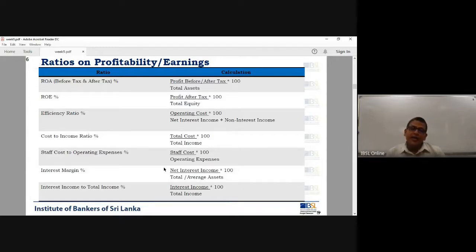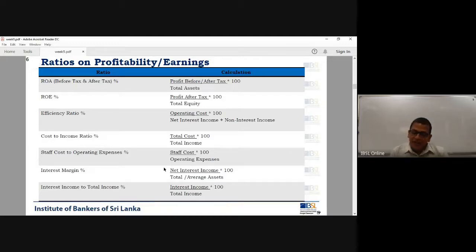That is the way we are calculating it. Shareholders and investors are very keen on the ROE, because that is the percentage showing the investors the return they are getting for their equity investment. So ROE shows the return attributable to the equity holders.